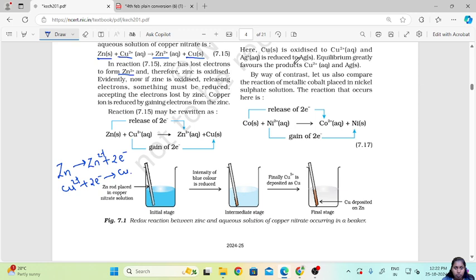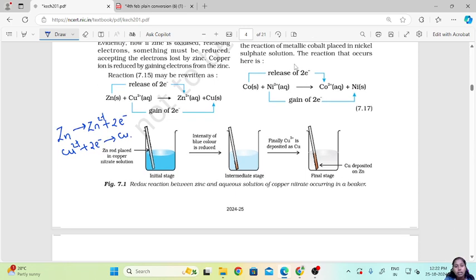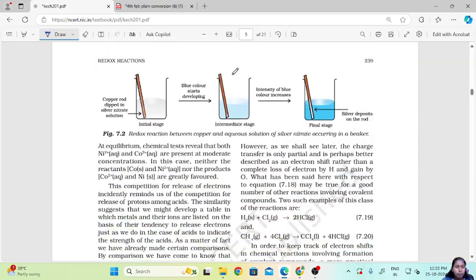Now by way of contrast, let us compare the reaction of metallic cobalt placed in nickel sulfate solution. Again the same thing happens. Cobalt releases 2 electrons, and the electrons released by cobalt are taken up by the nickel. So cobalt is converted to cobalt ion, whereas nickel ion is converted to nickel metal.